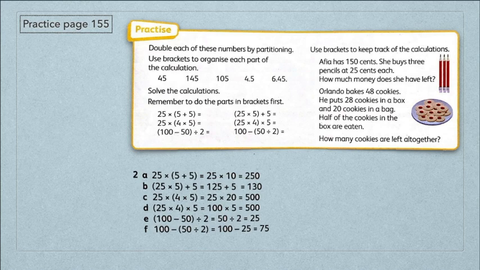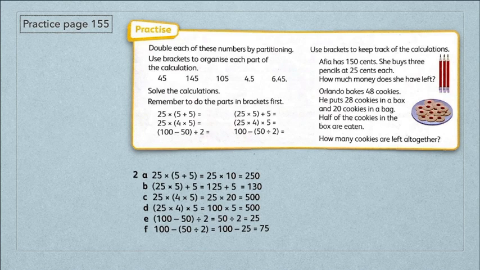Now the second one, 25 times 5 plus 5. So 25 times 5 is going to make 125 plus 5, 130. So please pay attention. I need your attention here. Only by changing the bracket from the second pair to the first pair of the numbers, you could see a huge difference in the final answer.